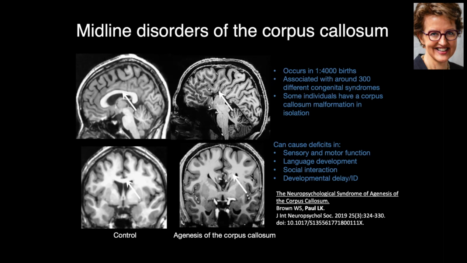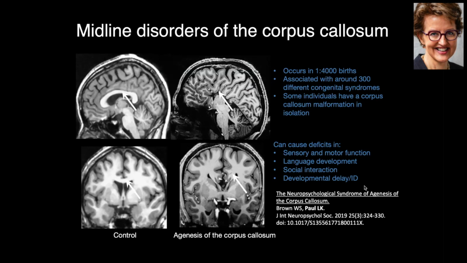Now, there are quite a variety of different phenotypic outcomes from these that are associated with corpus callosum disorders, and they can be associated with sensory and motor function deficits, problems with language development, and especially in social interaction problems and developmental delay or intellectual disability in some individuals.